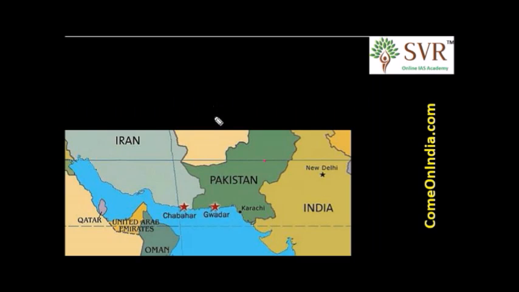Chabahar port is very important from India's point of view because once Chabahar port is developed, from here our goods can reach Afghanistan via rail and road links. So our trade with Afghanistan will increase and prosperity and stability of Afghanistan will increase, which is vital for India.